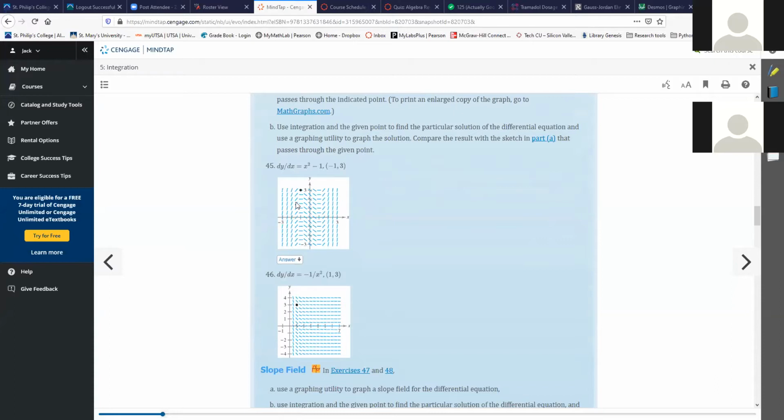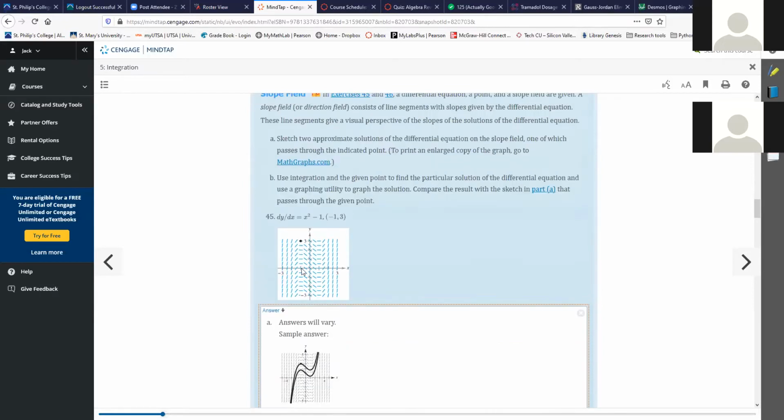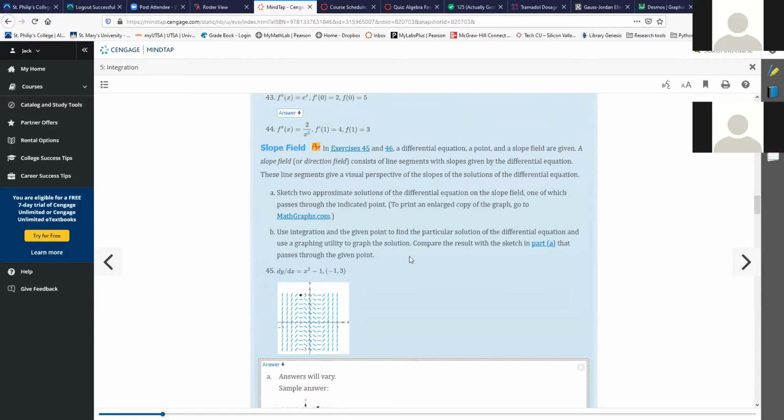The initial condition is like putting that little boat in the river, and it goes through that directional field. It creates that function. See what I'm saying? So you solve this, find the antiderivative, and then use this initial condition, and you'll find that specific graph. I just wanted you to see this picture, the field.